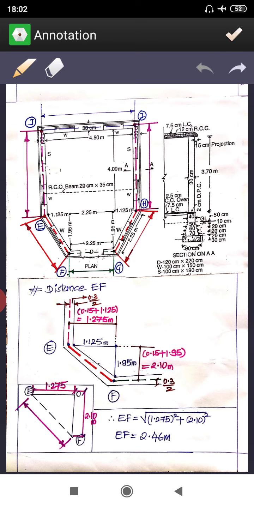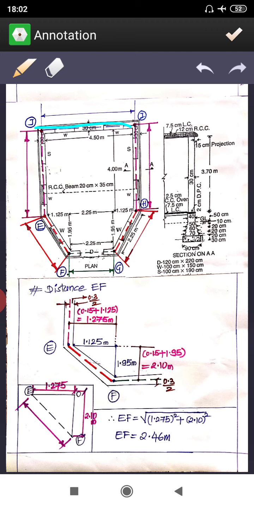Now how to decide that? As I said previously, I will be taking two walls which are the same, so that will ease my calculation. I will be taking HI and JE as my long walls. Then I will be taking IJ, EF and GH as my short walls.